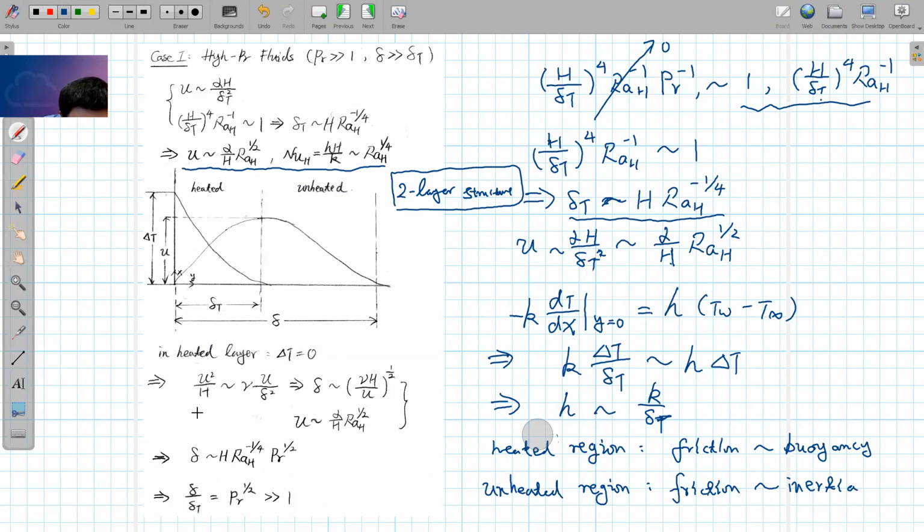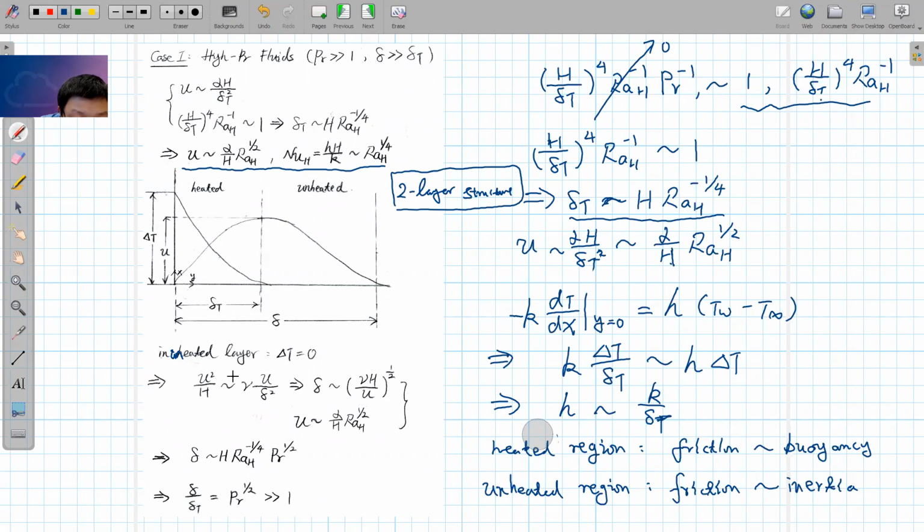All right. So now we have this scale for the velocity U, which tells us what the velocity profile looks like, and we also know the scaling for the Nusselt number. The temperature scaling tells us what the temperature boundary layer looks like, and we can consider that this is the unheated region. In the unheated region there is no temperature, and the length scale changes from delta T to delta.